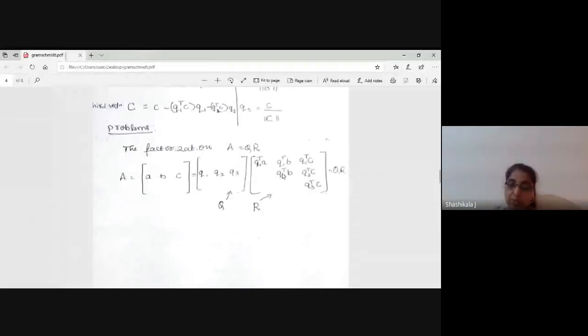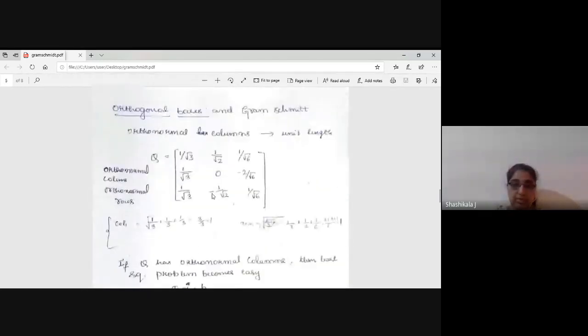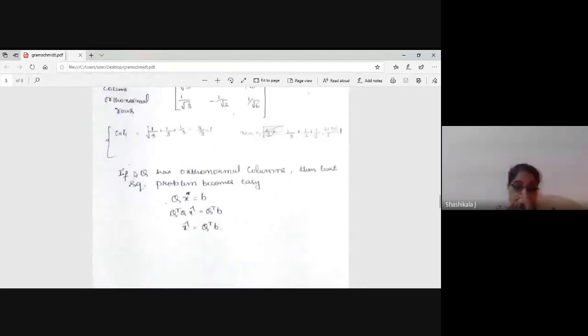R is obtained like this, to remember: Q1 transpose A component, Q1 transpose B component, Q1 transpose C component. Next, Q2 transpose B component, Q2 transpose C component, and here only the Q3 transpose C component. All the others are 0. Somehow we have to remember this, and they will ask the problem. And here, with Q having orthonormal columns, you know that Ax is equal to b.